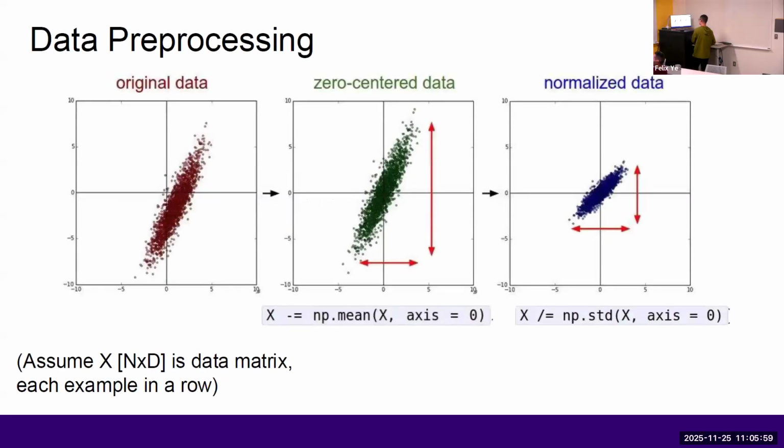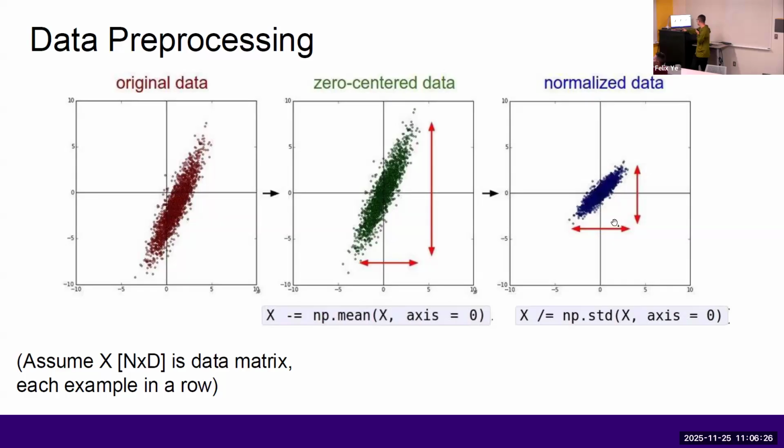Data preprocessing is a very important one. For example, this is the original data right here. It's an ellipsoid and not centered at 0. The first thing you can do is subtract the mean to make sure your data is shifted to the origin. Then you can normalize with the standard deviation along each axis.